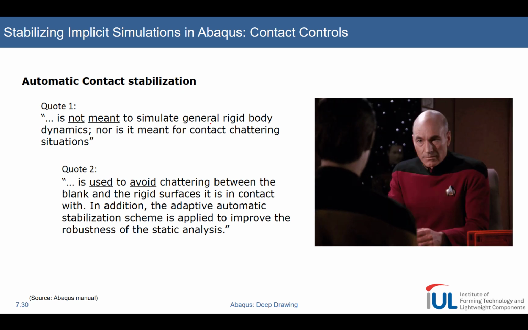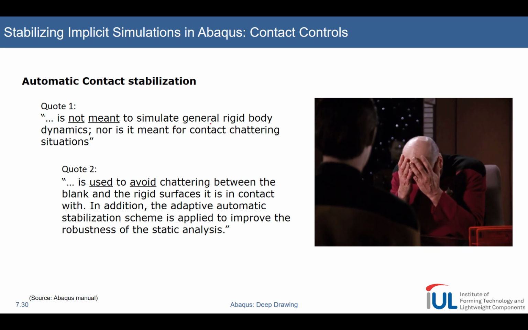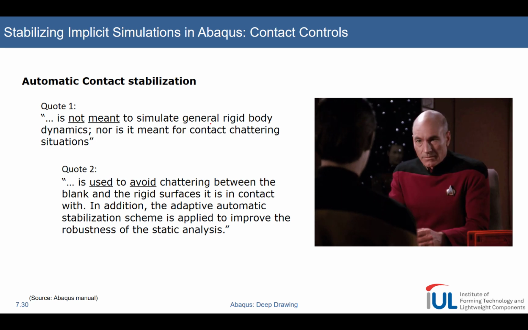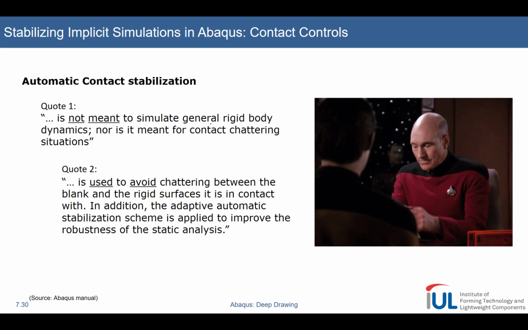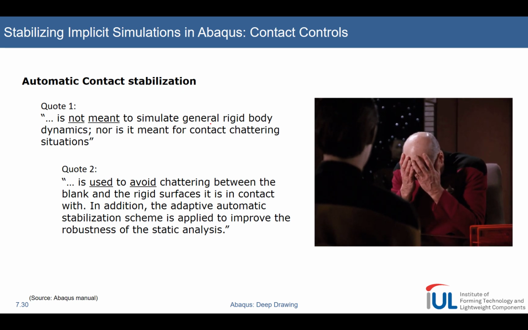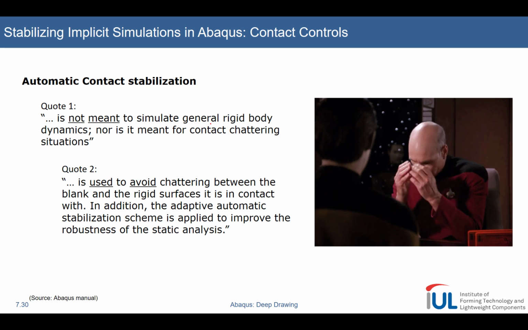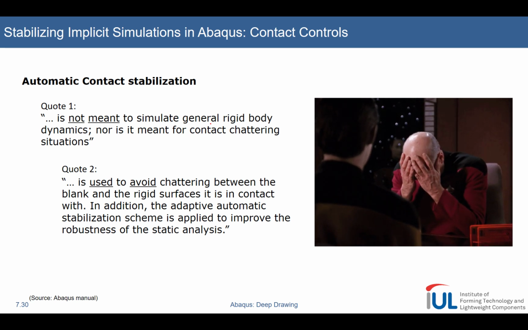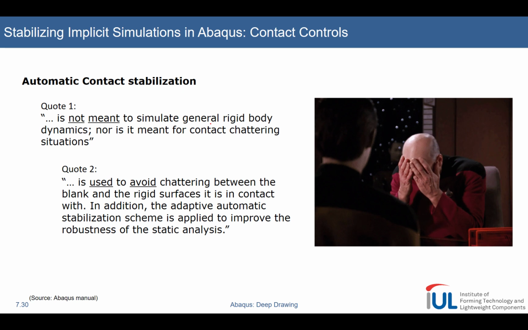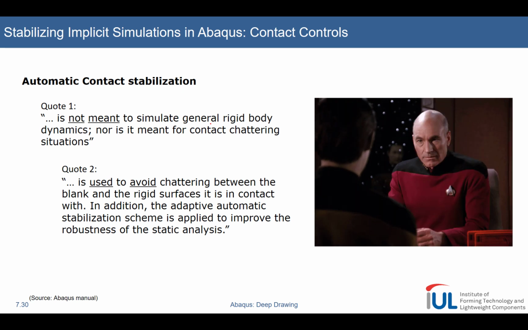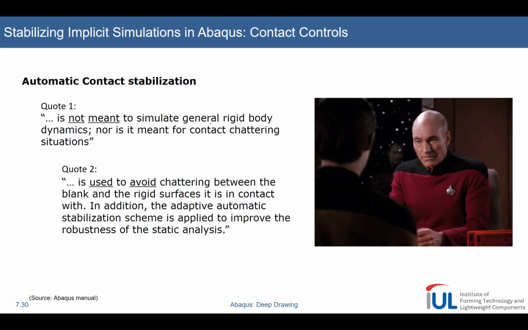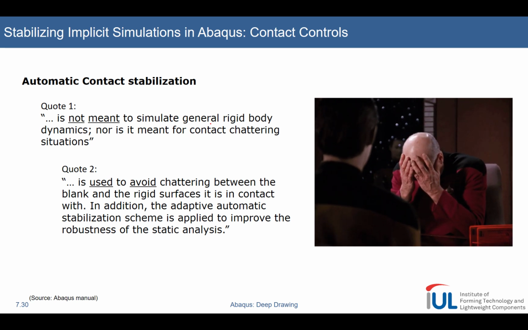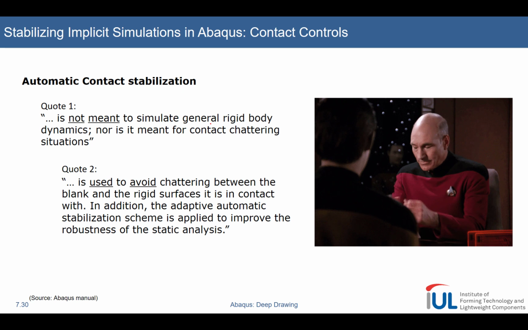What happened? The thing is, it probably depends on how you interpret the importance of the parameters in your contact controls. So the first reaction, I'm totally with Picard here, but I guess the Abaqus manual usually tells you just to be cautious, to be careful when using certain advanced techniques in certain situations without thinking about what you're doing.